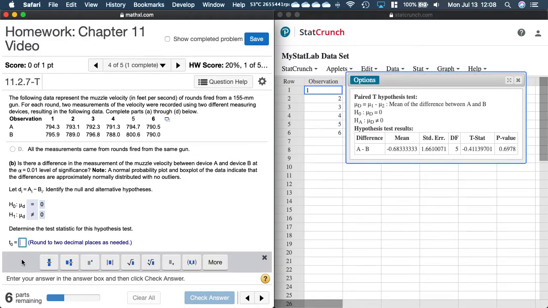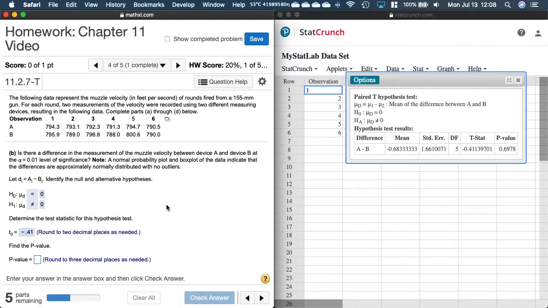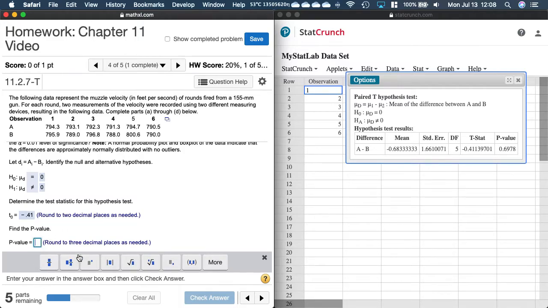We enter that, check our answer, and we are good to go. The p-value is 0.6978, so to 3 places, 0.698.